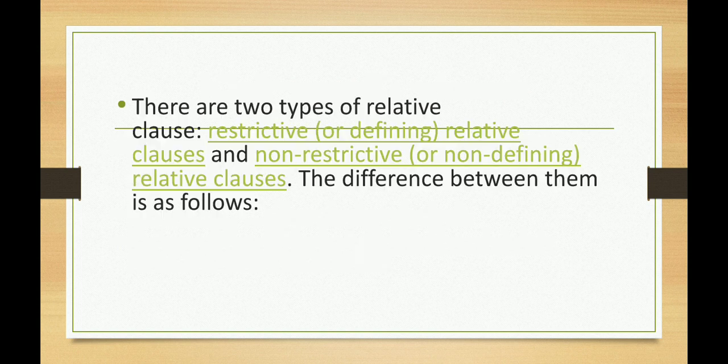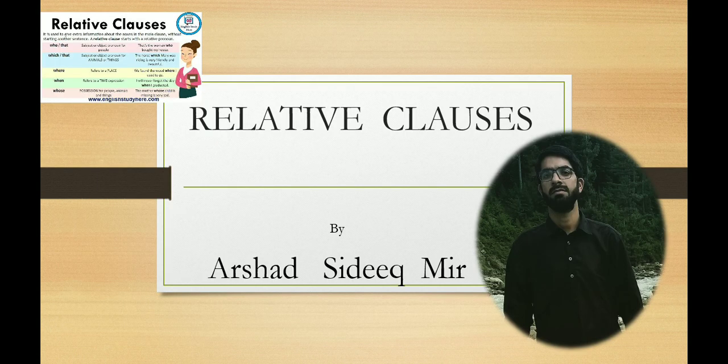Then we discussed that there are two types: the restrictive or defining relative clauses, and the non-restrictive or non-defining relative clauses. In the next video we will discuss relative clauses in more detail, and we will also discuss some relative pronouns. With this we end today's video.